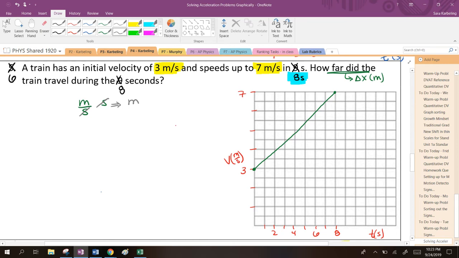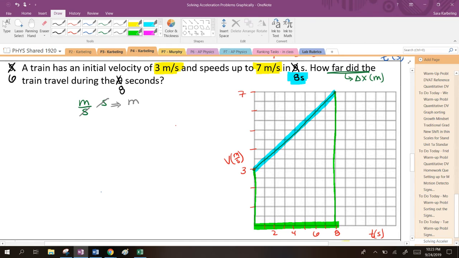So now we've got a perfect opportunity to solve for the displacement. Just like we did in the last one, we're going to look at the area under the curve, or the area between the curve and the axis. This one's a little bit different though, because now there's my curve, and here, way down here, is the axis. So instead of just doing a triangle, in this one, we're going to look at the whole area, the area of the trapezoid.